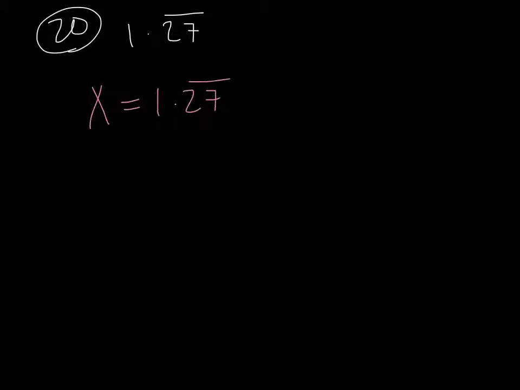Looking at 20. 20 again is slightly different. It's got two numbers repeating, but it's already got the repeating part after the decimal, so I can let x be equal to that. I've got two numbers repeating, so I do 100x, so 127.27 repeating.